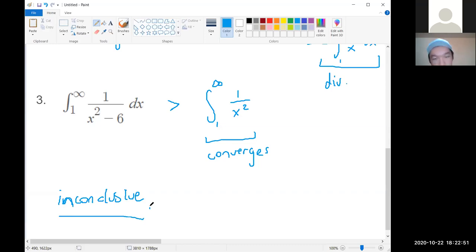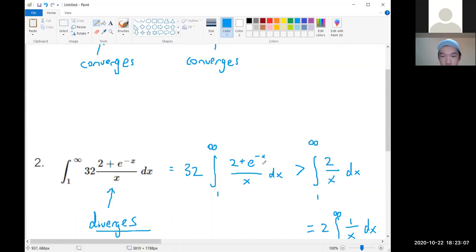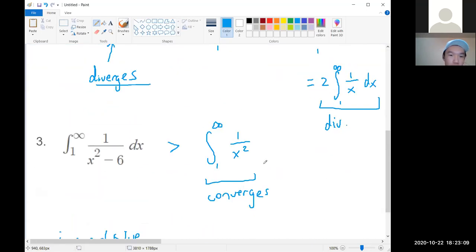All right, well, just a comment on how these questions can be made harder. In all the examples we're comparing it to an integral in the form 1 over x to the p, some power p, which makes these questions quite simple.